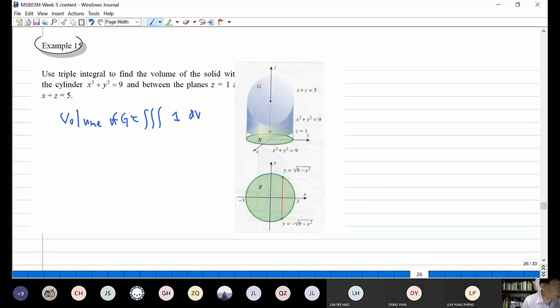Integration of 1 dV should be the answer already. Now, how to integrate 1 dV? So let's use dz, dy, dx, the same again. So I'm going to integrate 1 dz dy dx.